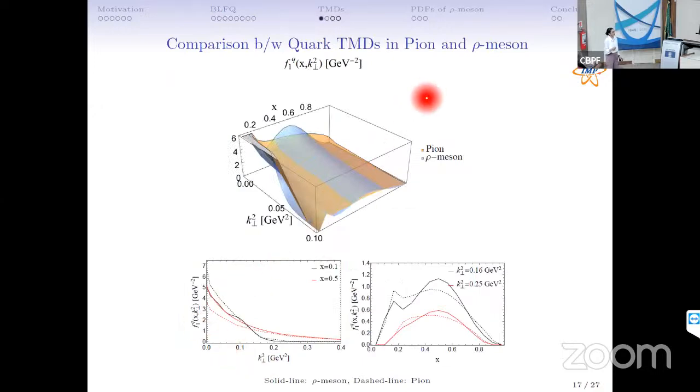Now we want to observe them at the level of distributions. We want to compare the pi and rho mesons at the observable level. This is the comparison: the solid line is for the rho meson and the dashed line is for the pi.